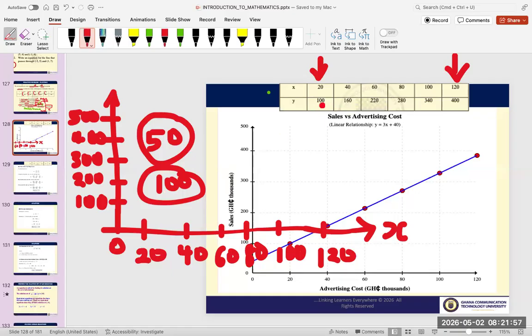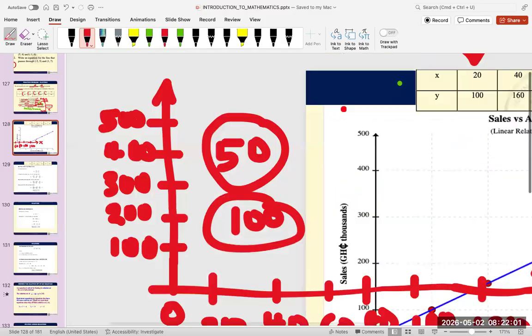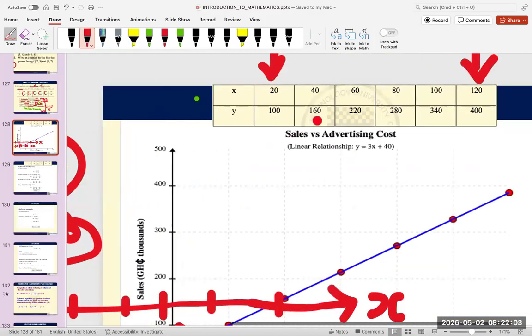That was why when I checked the differences, 100 and 160 is more than 50. 160 and 220 is more than 50. 220 to 280 is more than 50. 280 to 340 is more than 50. And then 340 to 400 is also more than 50.